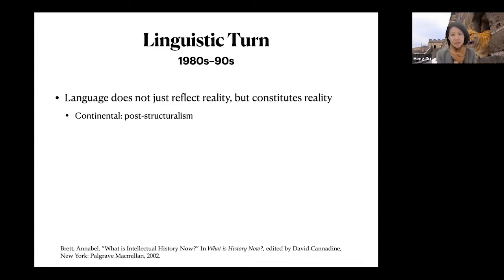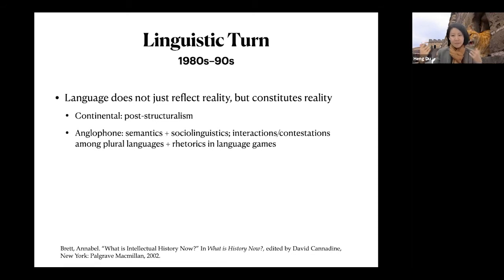This movement is most strongly associated with what we might think of as the continental tradition, right? Most famously Foucault. But the focus of my lecture today is on the Anglophone tradition, the so-called Cambridge School historians, whose interest in this linguistic aspect of intellectual history is more grounded on the study of semantics and social linguistics.